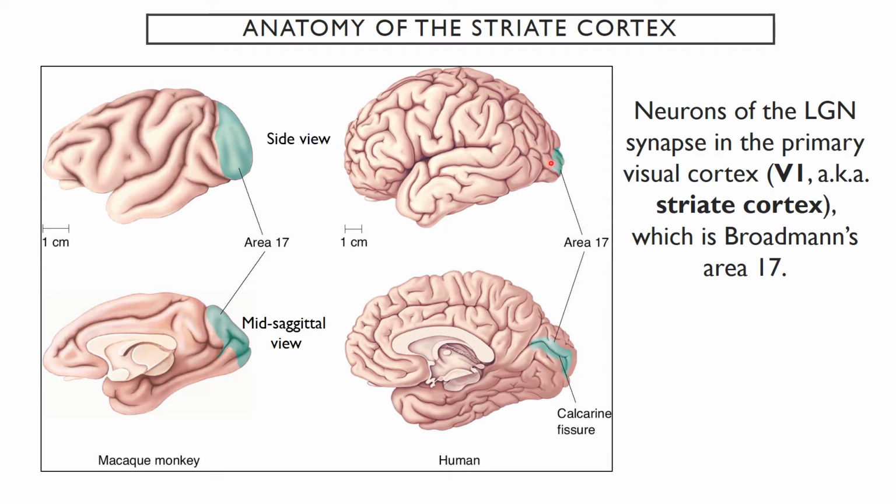If you're looking at the lateral side in humans, there's a little bit that you can see. But if you're looking at the mid-sagittal plane of the brain, the primary visual cortex goes along this fissure here, where you can see it as this long stripe. In all mammals, the primary visual cortex is located here in the occipital lobe.